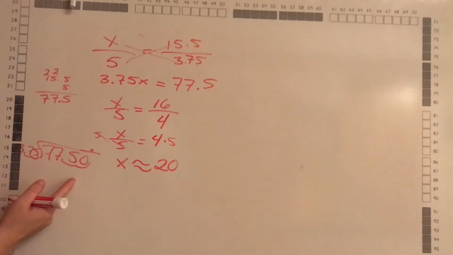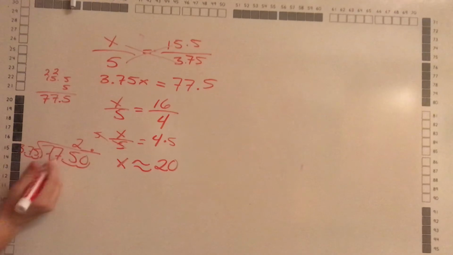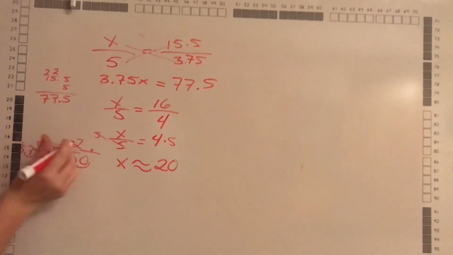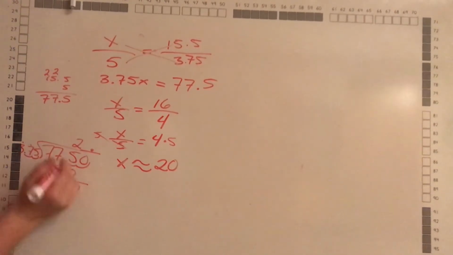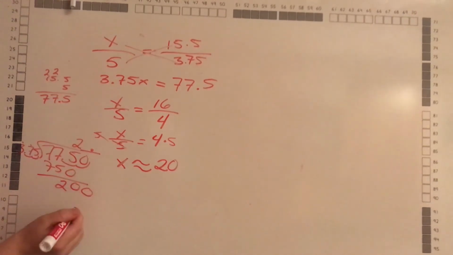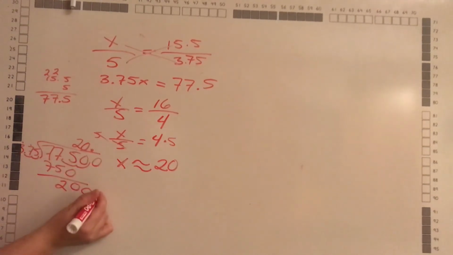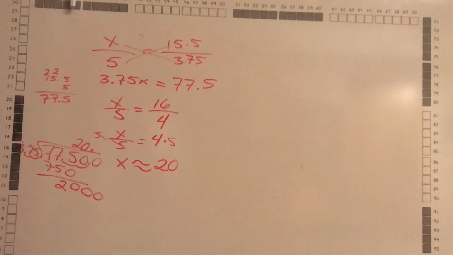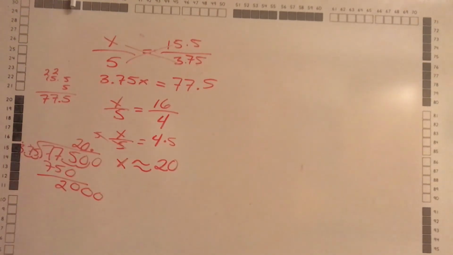So 375, let's try 2, so that's going to be 750, 0, 2, 100. So we're pretty close because now we're going to bring down another 0, and we have a decimal. So we can see that we're close. Our estimating it by rounding up to the whole numbers is close. So the totem pole is about 20 feet tall.